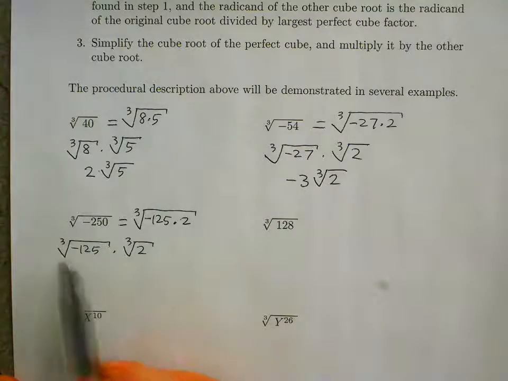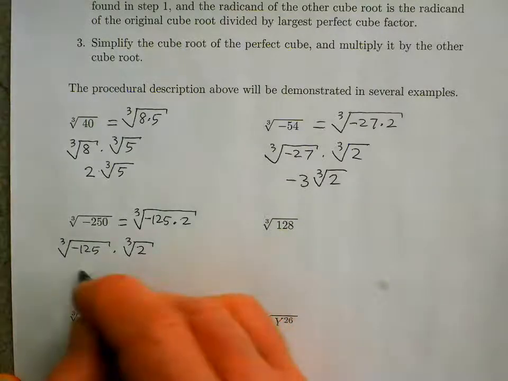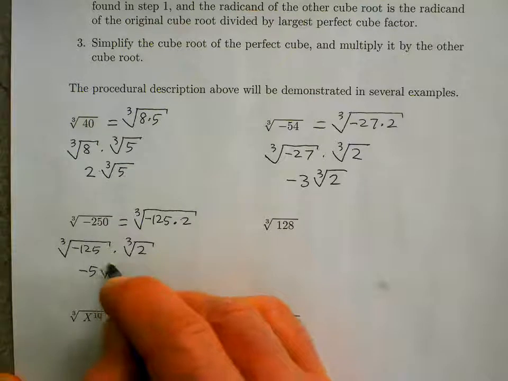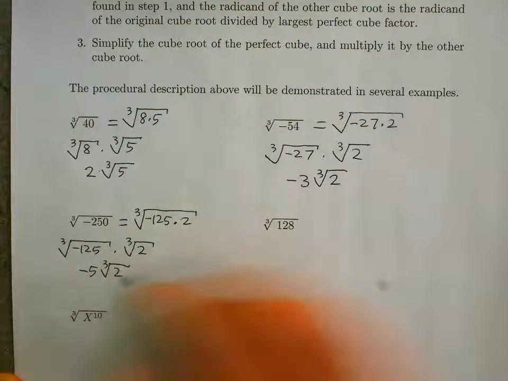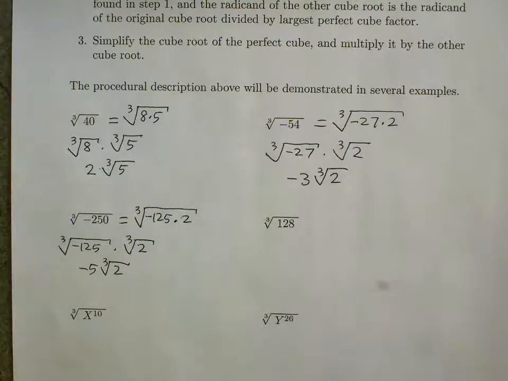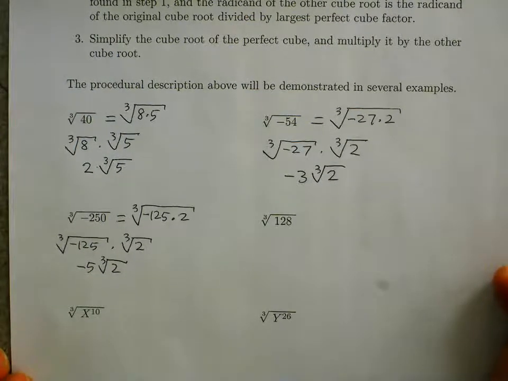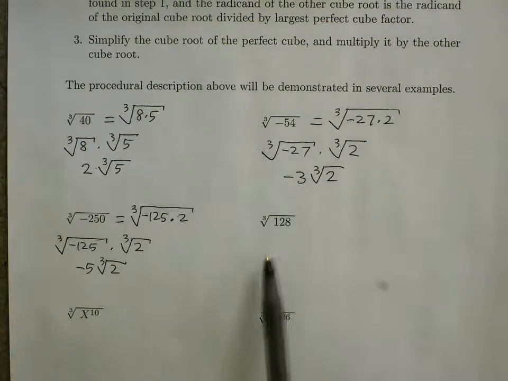And the cube root of negative 125 is negative 5. So our simplified result is negative 5 times the cube root of 2. Okay, the next one, simplify the cube root of 128.